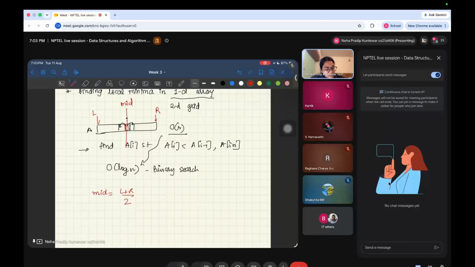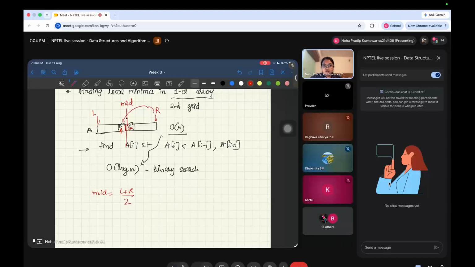If not, then it could so happen that either this or this is smaller. Let's say this is the minimum, then you update your pointers accordingly. So if this is the minimum, then you update your right pointer, and if this were the minimum, then you update your left pointer and divide your search space into half, and you repeat this. This is a recursive procedure, so at the end you're guaranteed to find a local minimum.